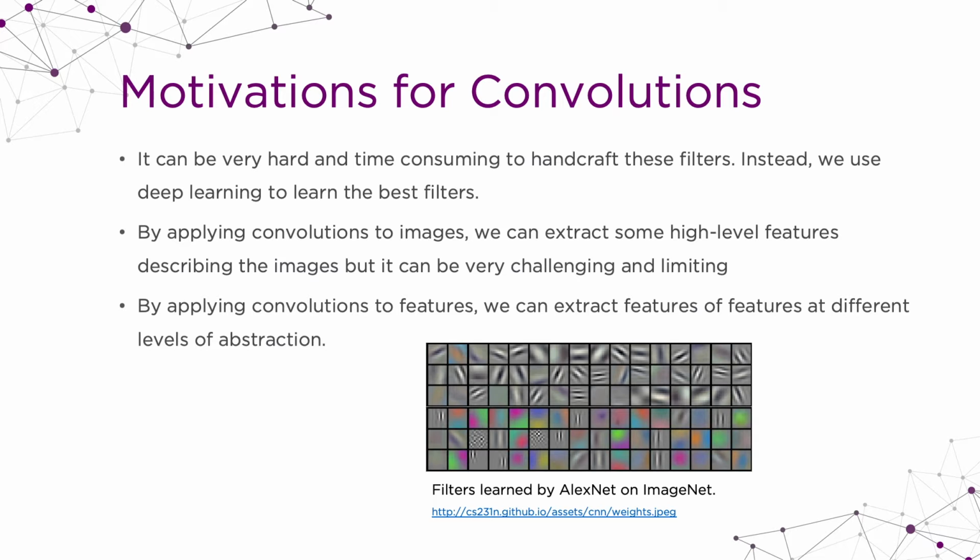So here's a good example. These are some of the filters learned by AlexNet, which is an architecture we're going to look at. AlexNet was trained on a bunch of images of cats, dogs, and all sorts of different categories. It turns out that it was a really good architecture to classify these objects, and these are the kinds of filters that were learned. We saw that the Sobel filter was able to detect some edges, but here we see all kinds of different features that we can learn.